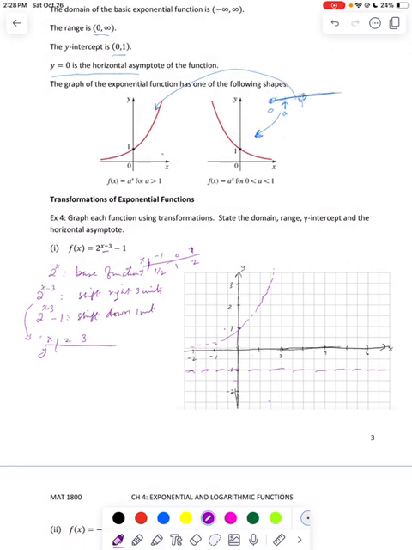So at 2, the value will be 1/2, then 1, and 2. So 1/2 is over here. Okay, 1/2, and then 2.